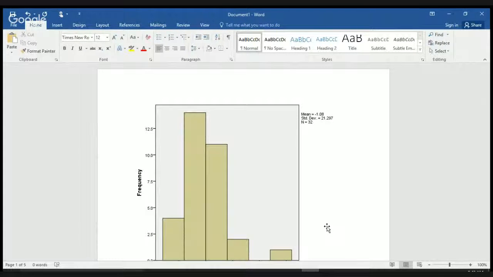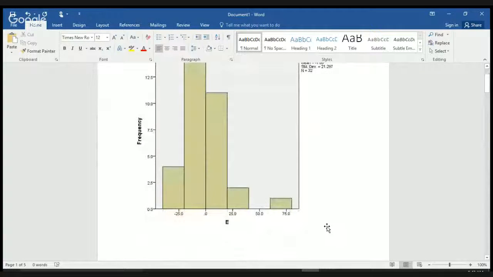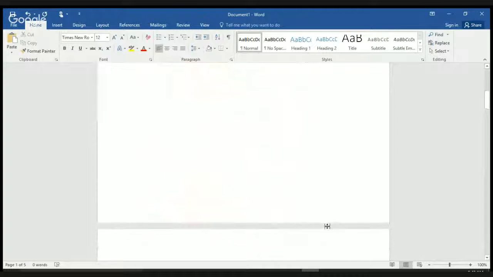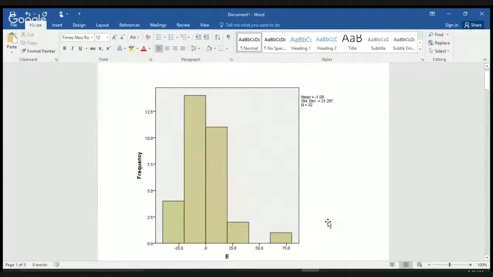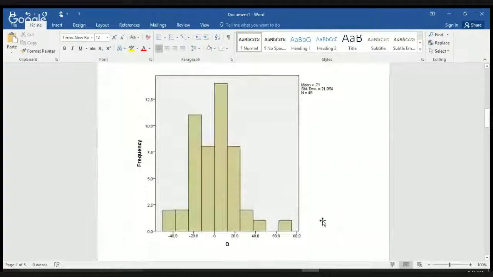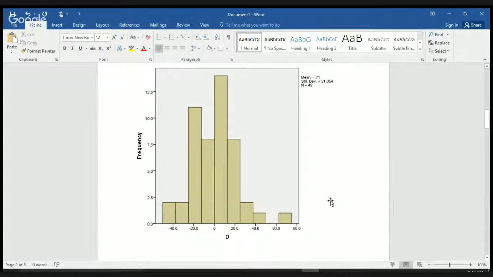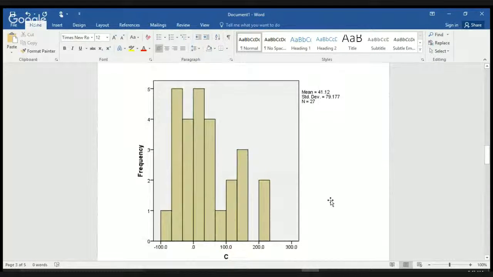Yeah. Okay, so this is E. Did you want to look at it for a second before I? Well, it's okay. I got E. Go ahead. D. Okay, D's more bell. C is more of a right skew.